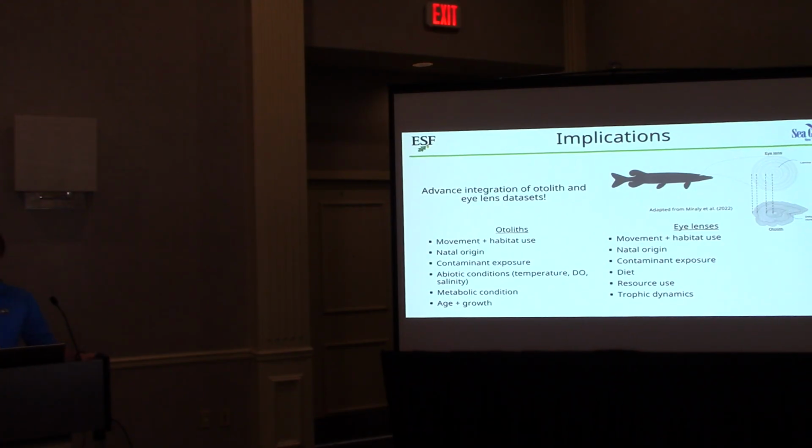So from otoliths, you can answer things like movement and habitat use, natal origin, contaminant exposure, abiotic conditions like temperature, dissolved oxygen, salinity, metabolic condition, and obviously age and growth. Eye lenses, you can answer some of the same questions, but also add things like diet and resource use and trophic dynamics. So if we can continue to pair these two data sets, we can hopefully answer some really, really cool and exciting ecological questions.